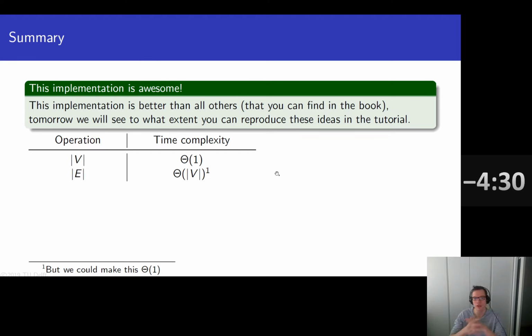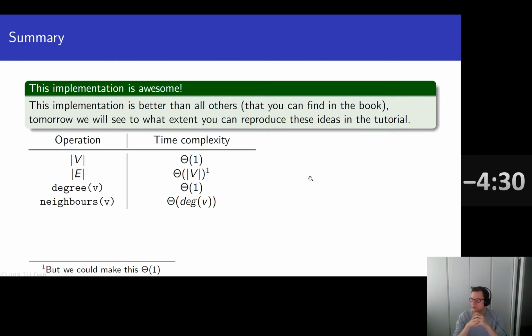Because what time complexities do we have? Well, to get the vertices is just theta 1, right? It's just graph.vertices. To get the edges, okay, that actually requires us to go over all the different vertices. But we could also keep track of a separate list of edges, or perhaps just a counter, and then we could make this constant time as well.